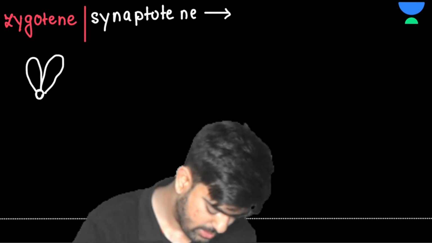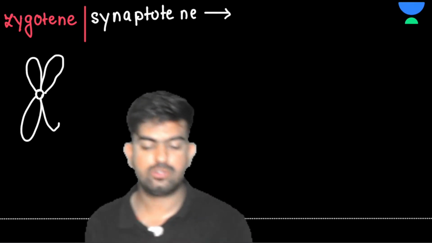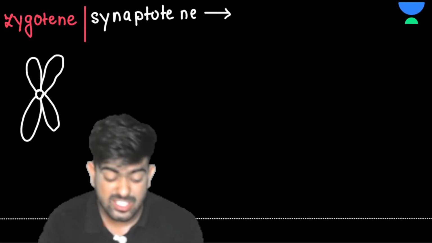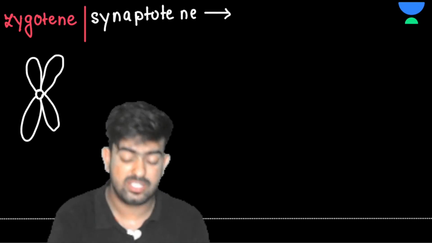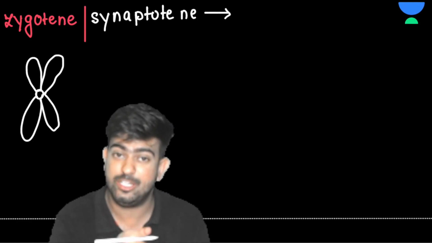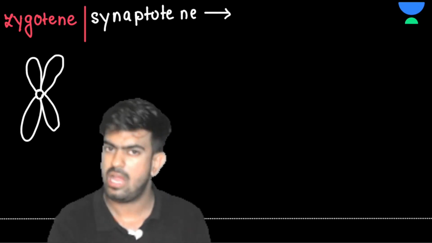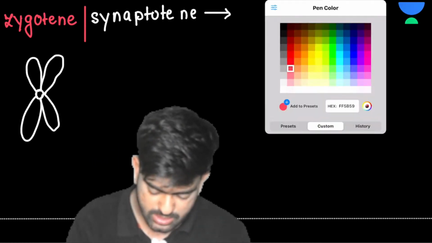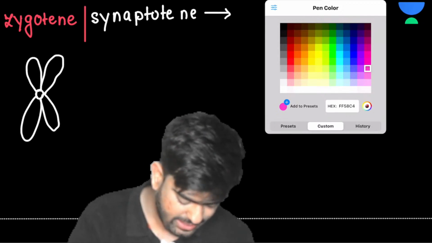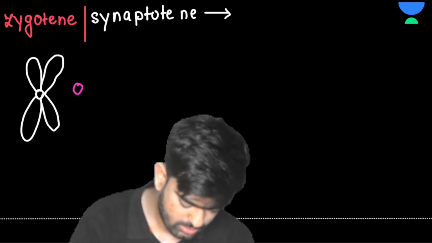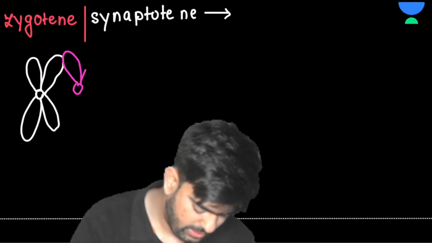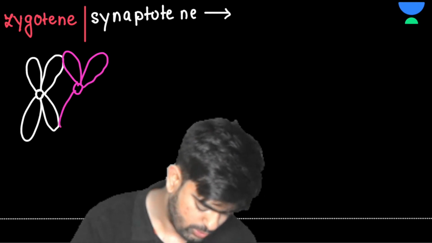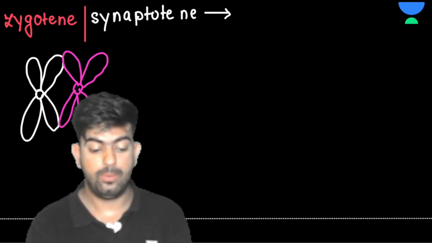Is this a homologous chromosome? No, this is not a homologous chromosome. This is a chromosome from S phase, the duplicated chromatids. How does this become a homologous chromosome? When there is Julie's chromosome, then it will become a homologous chromosome, right? So this is Julie's chromosome. Now both are what?